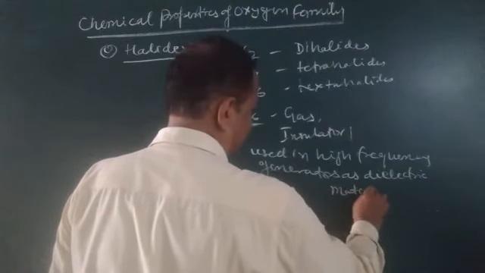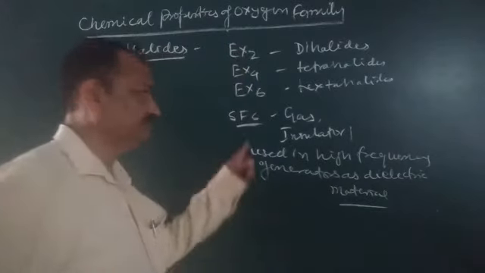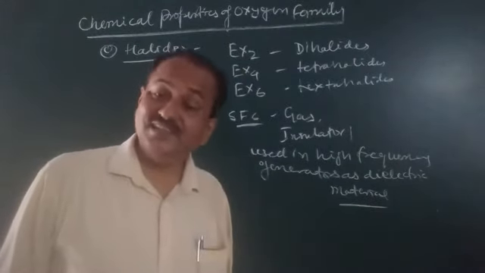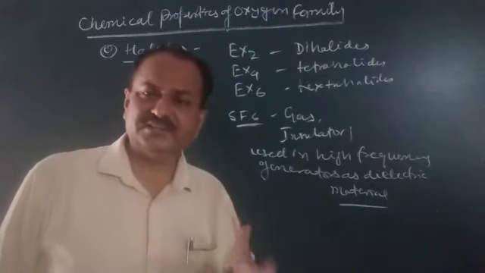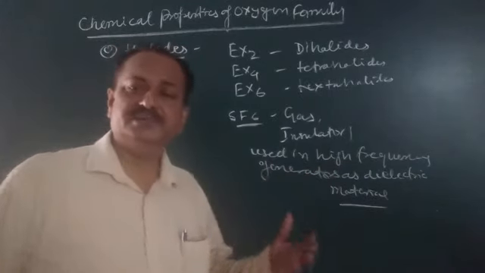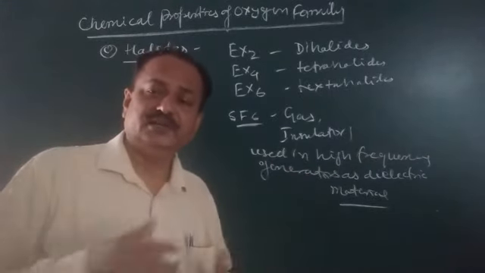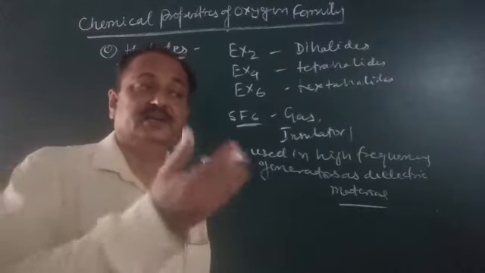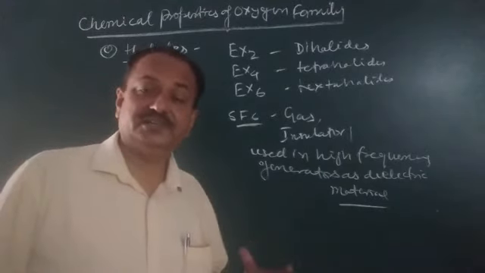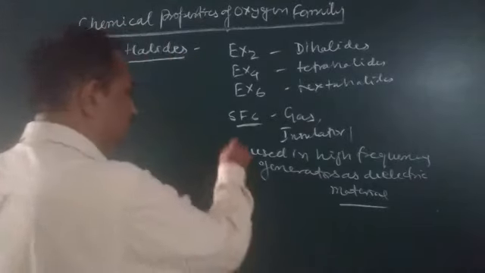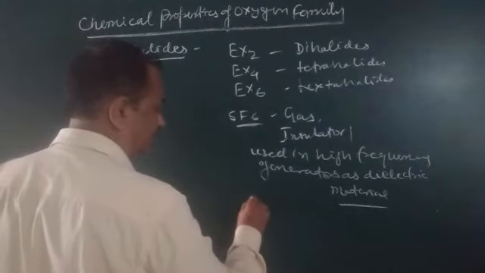See the condition that SF6 is inert. It is totally inert. It does not catch fire. High frequency means very high speed, as in the generators at thermal stations or hydroelectric stations. And SF6 has an octahedral shape.